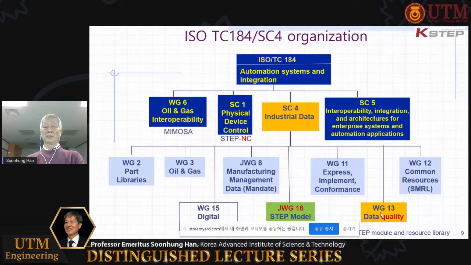And SC4, which I belong to, is industrial data. They handle design data or CAD data. And SC5 is for the shop floor. At the plant shop, there are many devices, including NC machines, robots, conveyor belts, and cranes.